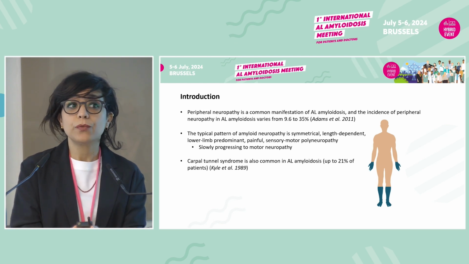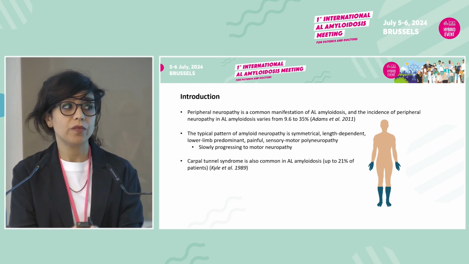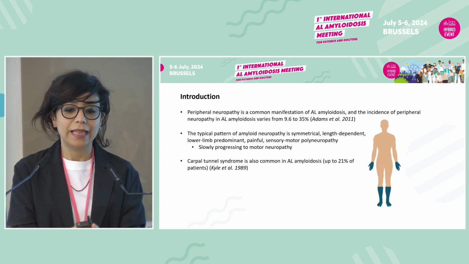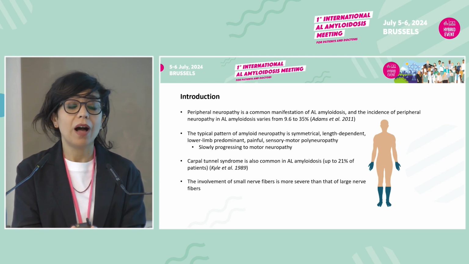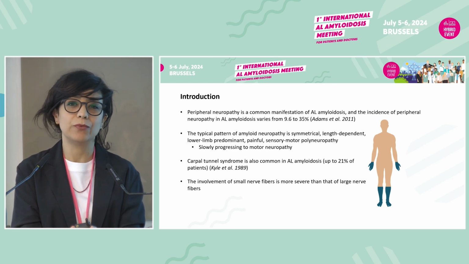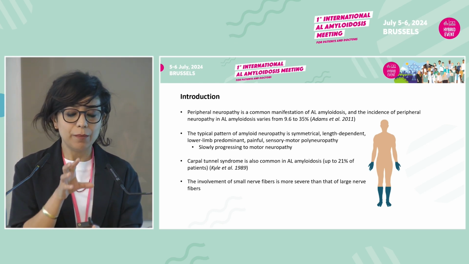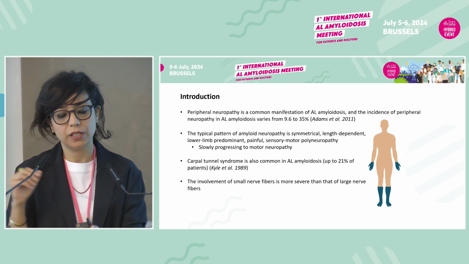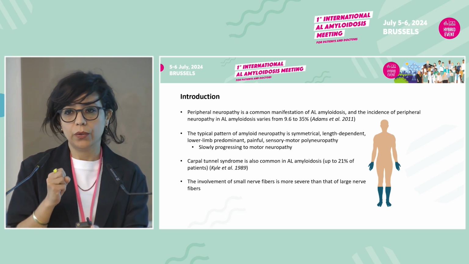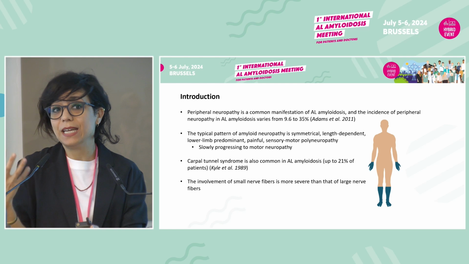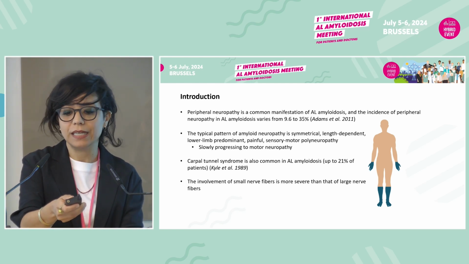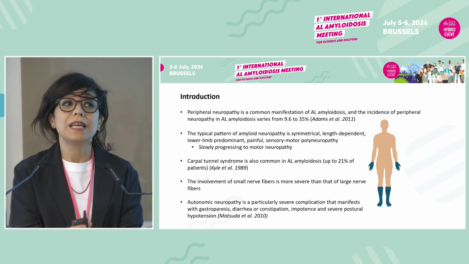Another sign which is really common, in 20% of the patients, is carpal tunnel syndrome, and the small fiber involvement is common and more severe than the large nerve fibers, and it explains all the characteristics of pain that we find in AL amyloidosis associated polyneuropathy.